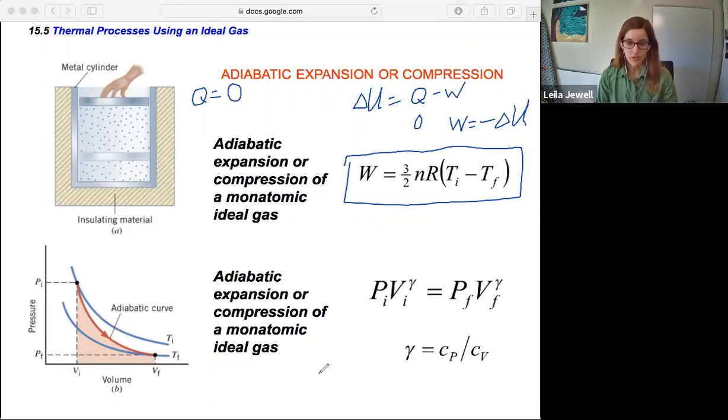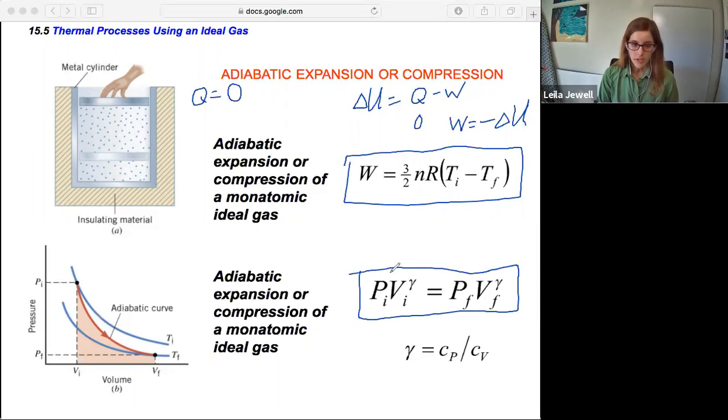And it turns out this red curve is given by this expression, which is a kind of funny looking one, but it's the pressure initial times the volume initial raised to the gamma power. We'll get to what that is in a moment. It is equal to the final pressure times the final volume raised to the gamma power. So the raising to the gamma power, it's sort of like a squaring, except it's not 2. The way we'd calculate gamma is we would look at this ratio of Cp and Cv, which we'll get into more in the next section.